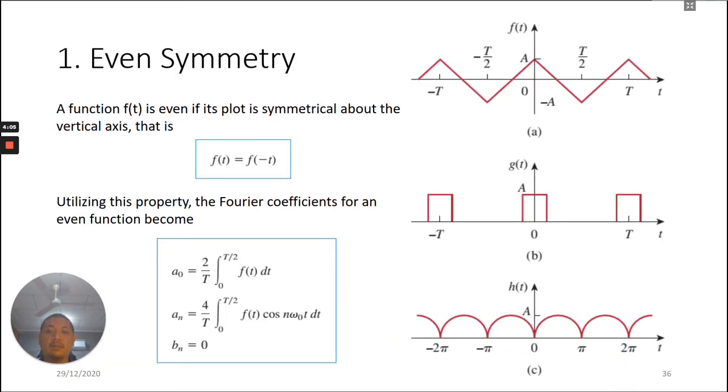Since this is even symmetry, we can assume bn is 0, and we still need to calculate a0 and an, which we can now simplify.